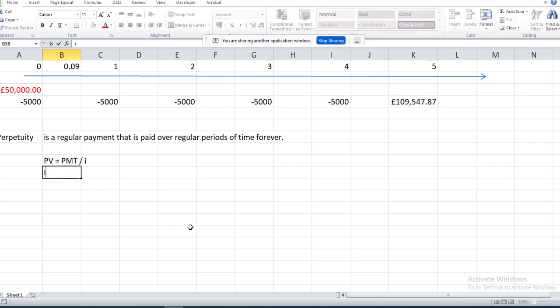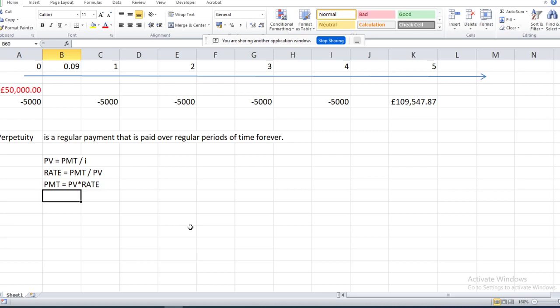If you need to find the interest rate, it's going to be equal to the PMT divided by the PV. Or if you need to find the PMTs, of course, that's going to be PV multiplied by the interest rate, right?